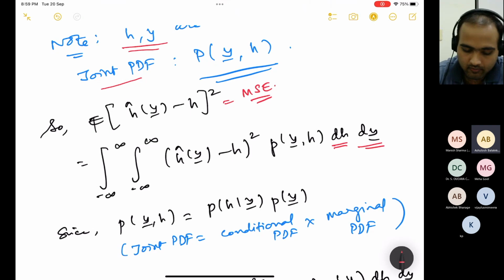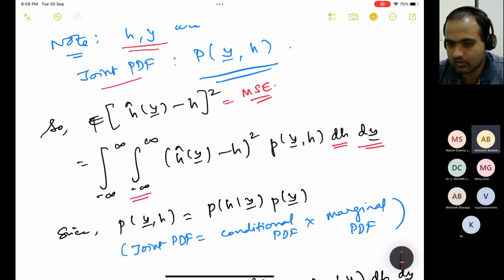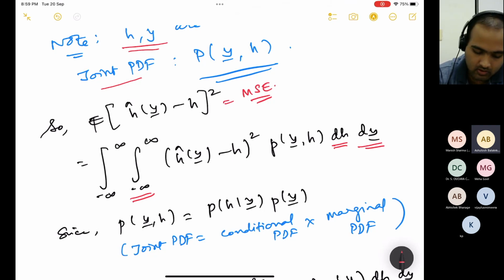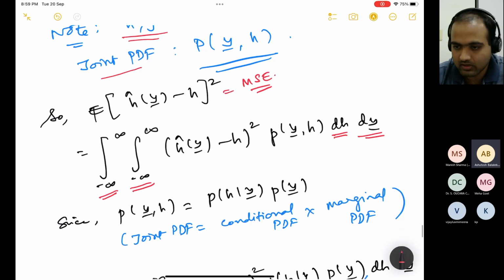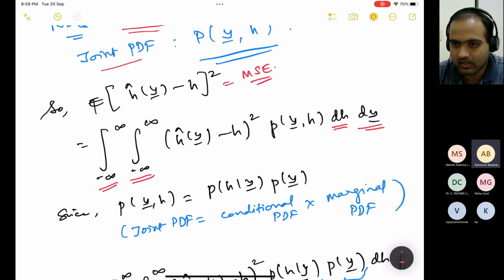So my first integration will be with respect to h, right? We want to eliminate all kinds of randomness which is happening due to h, and then we want to eliminate all kinds of randomness which is happening due to y, right? So we will have two integrations. First will be dh, the second will be dy.